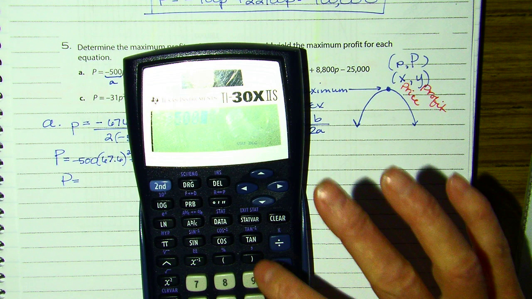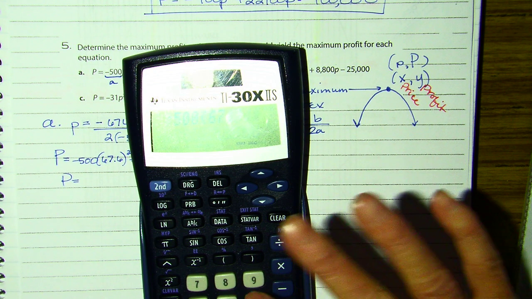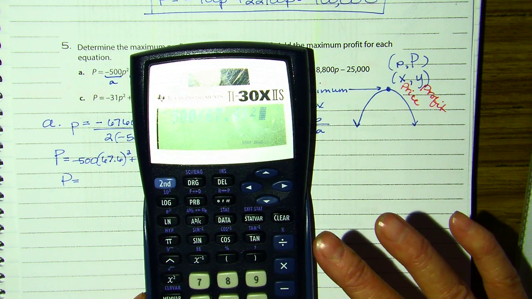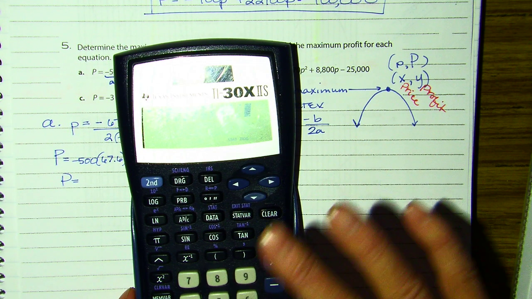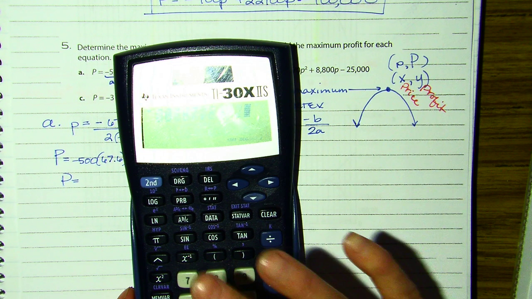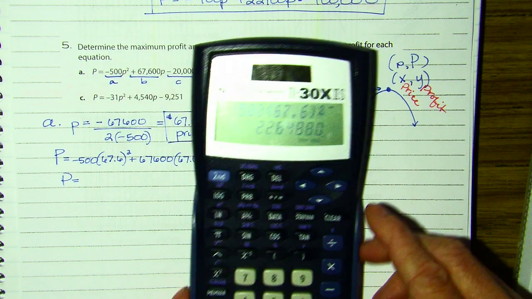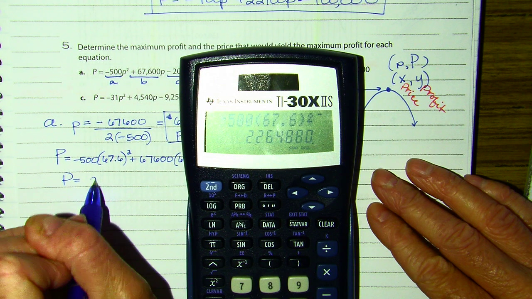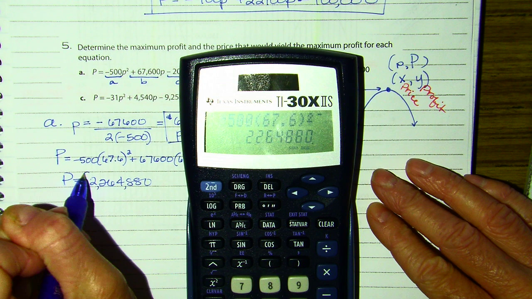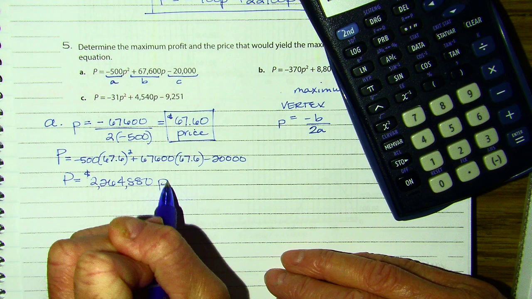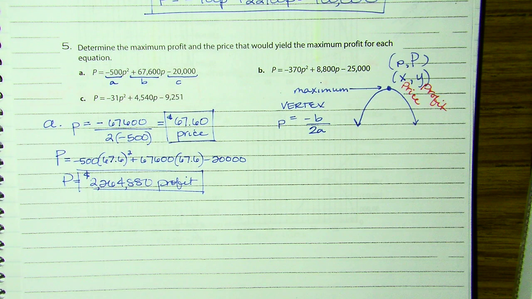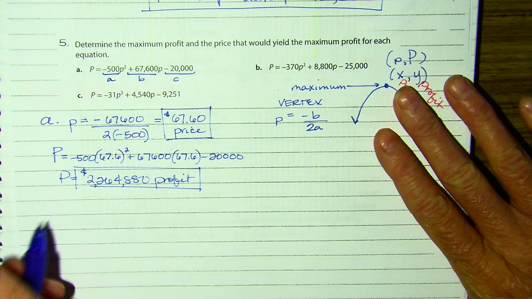Negative 500 times 67.6 squared plus 67,600 times 67.6 minus 20,000. And so my max profit is 2,264,880. And so this is my maximum profit. All right, let's now move on.